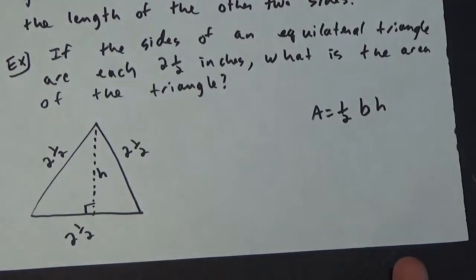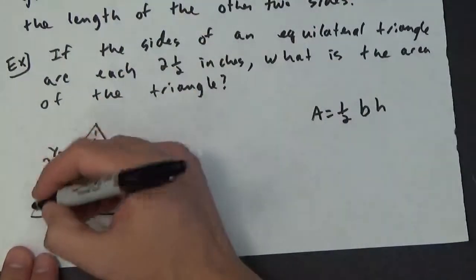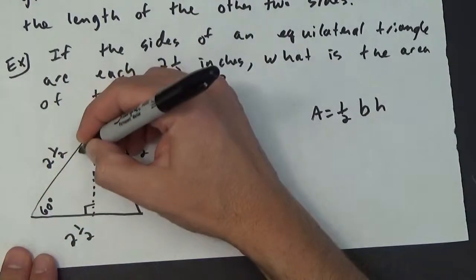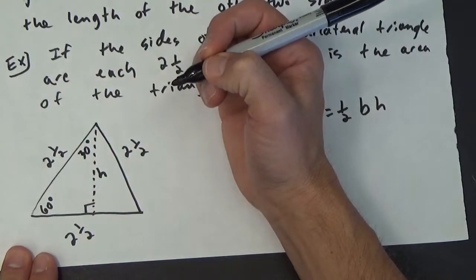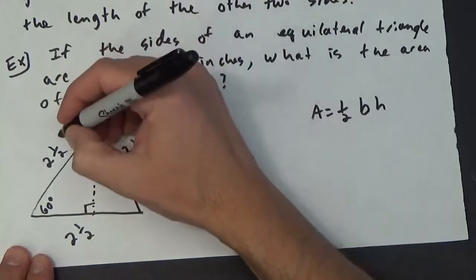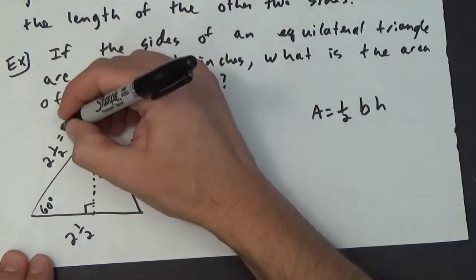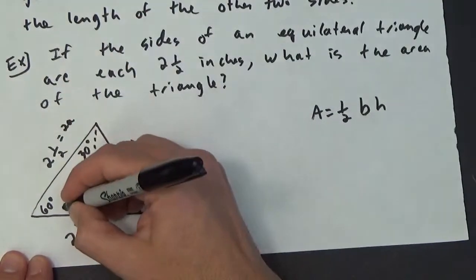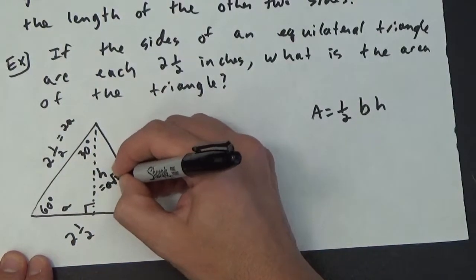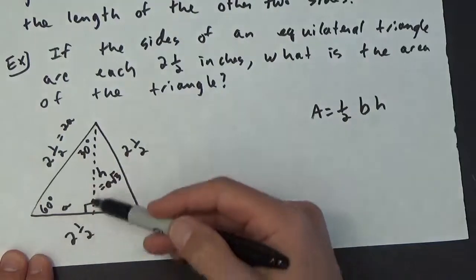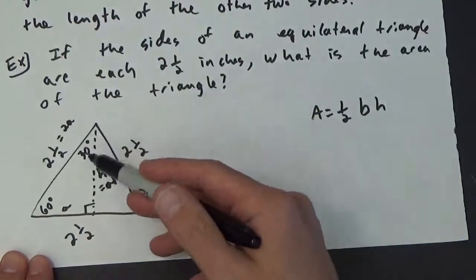Well, what we do is we notice, and this is how we got the 30, 60, 90 triangle, but when we draw the height, we notice that this is a 30, 60, 90 triangle. Okay. So now normally I would associate this side with 2a, this side with a, and this side with a times the square root of 3. So because we have this 30, 60, 90 triangle, we can figure out what is the height.